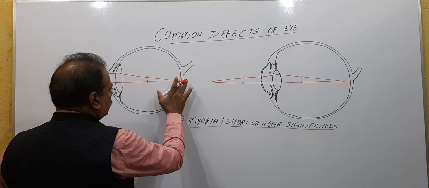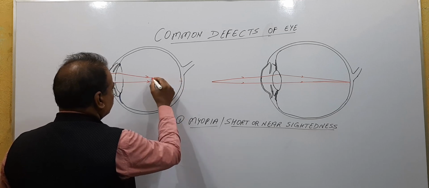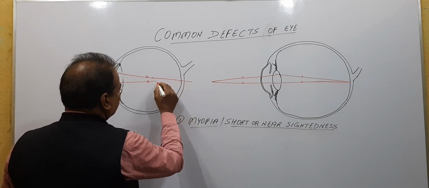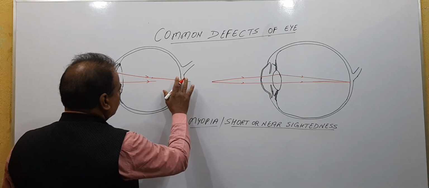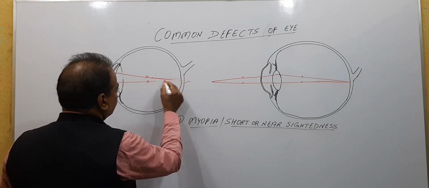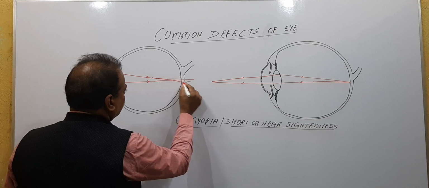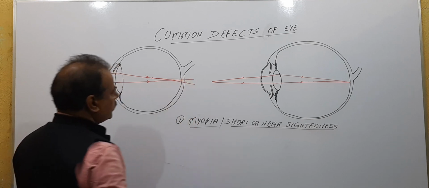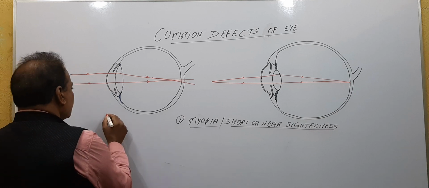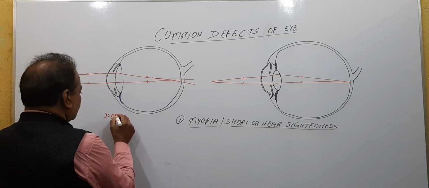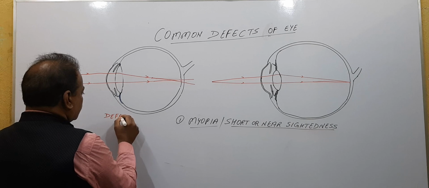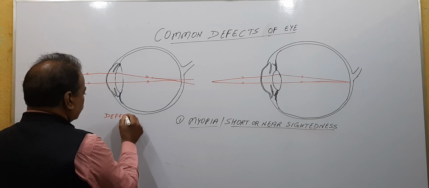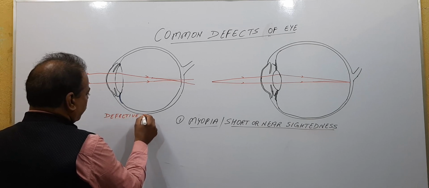So, suppose here formation of image takes place and it is a defective eye.